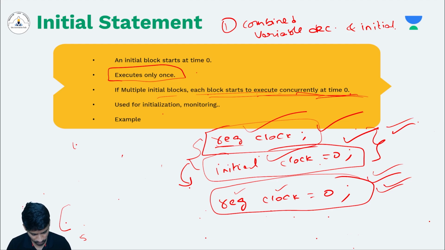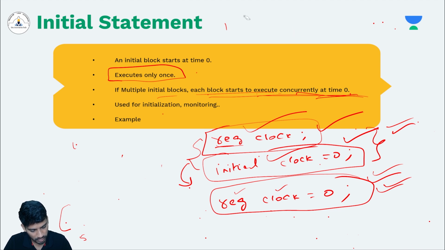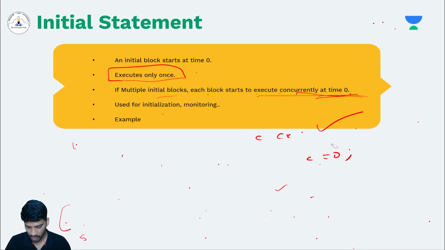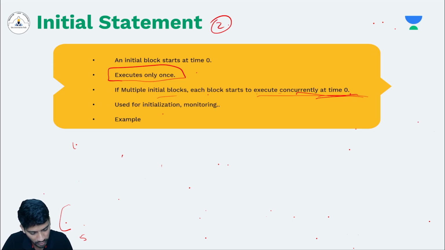Now let's take the second one, which is combined port declaration and initialization. Here we declared a variable, but now we can declare a port and then initialize it also.